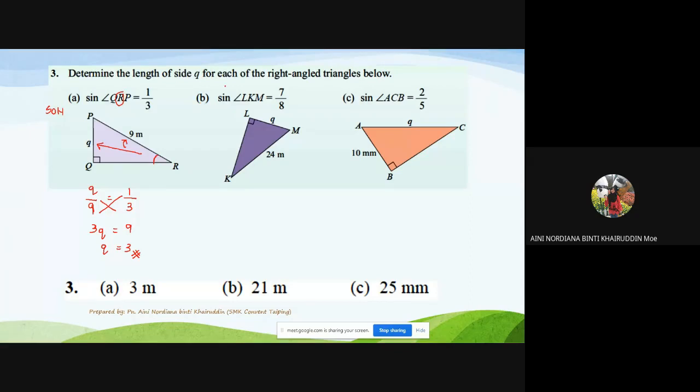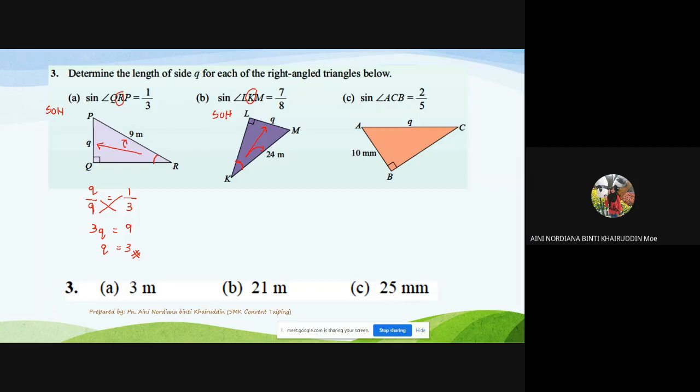Okay, let's say for B, look at this question. The angle is at K, so you just mark the angle first. Then sine is SOH, opposite over hypotenuse. This is opposite. This is hypotenuse.